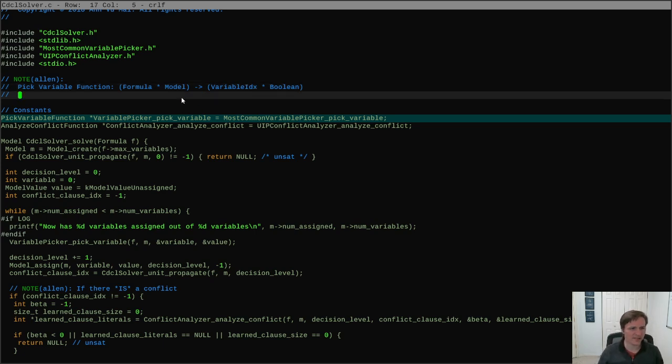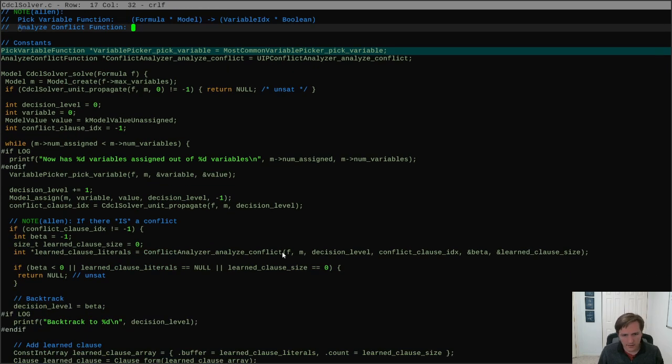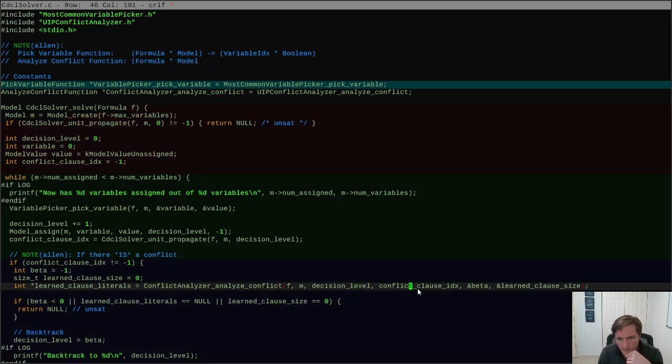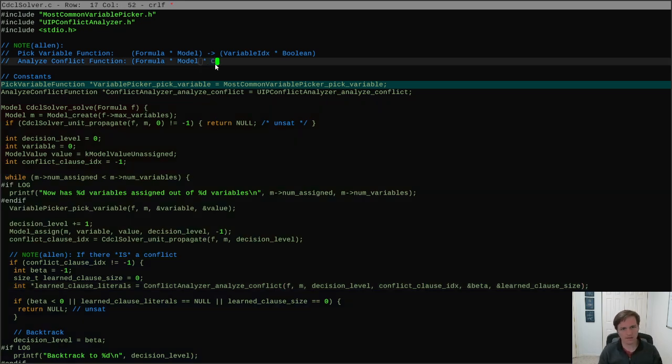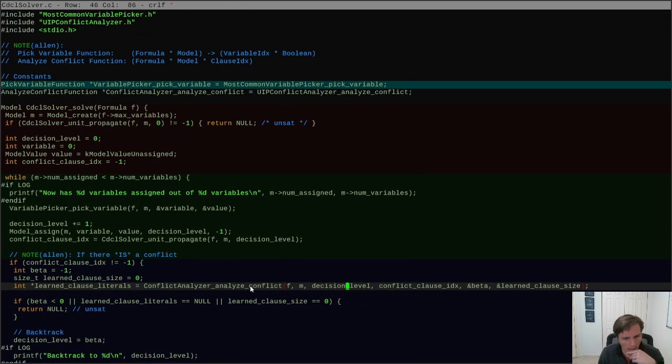Now, what is the analyze conflict function's structure? That's what we need to figure out next. So analyze conflict, it looks like it's taking in a formula and a model, and it's taking in the decision level and the conflict clause index. I'm not sure what role the decision level is going to play here, so I want to go and look at that.